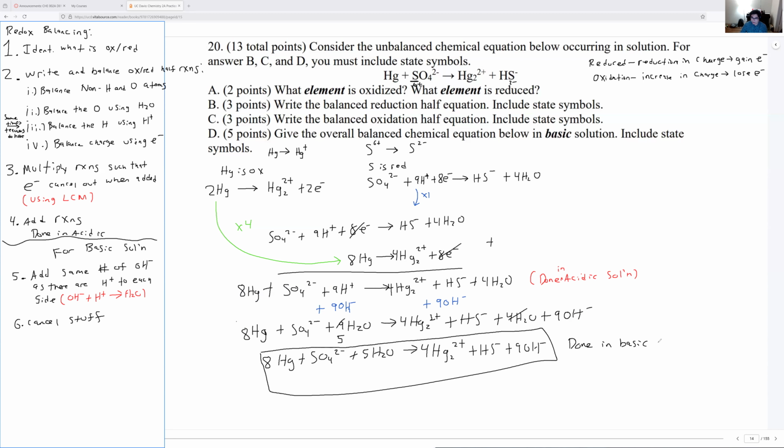Now, the step that's sometimes done depending on your teacher, in step 2, part 3 is step 5. This is the one that is sometimes done to both half reactions, where they balance it with H and then they add OH to both sides.